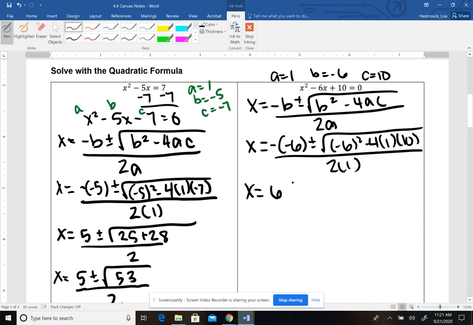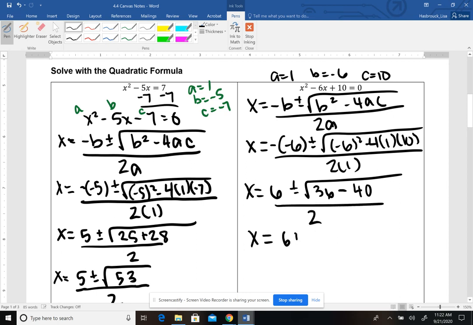X equals positive 6 plus or minus the square root of negative 6 squared is 36 minus 4 times 1 is 4 times 10 is 40 all over 2.